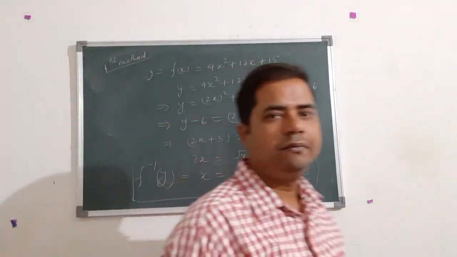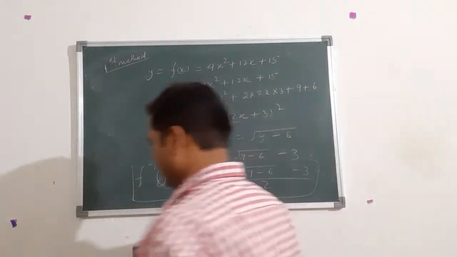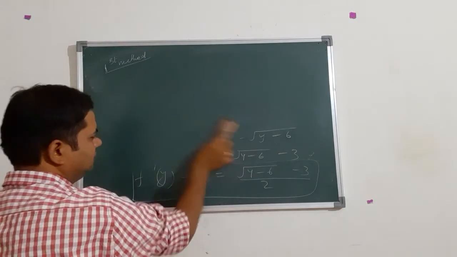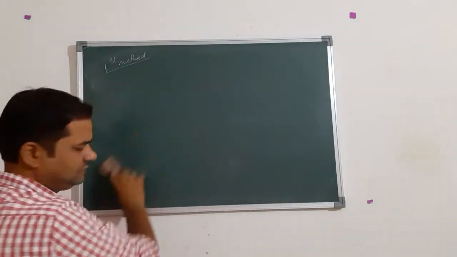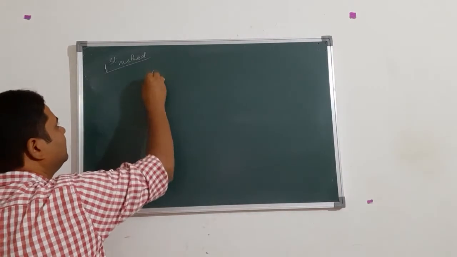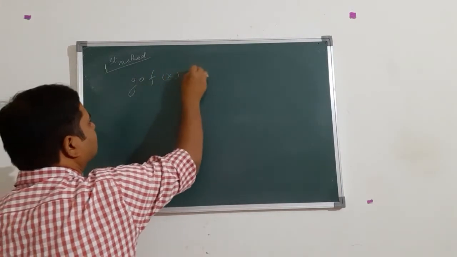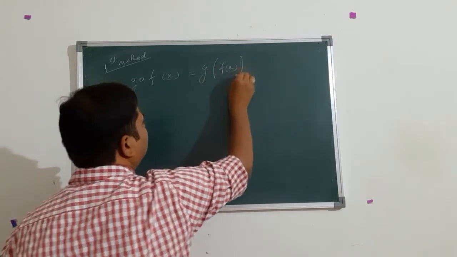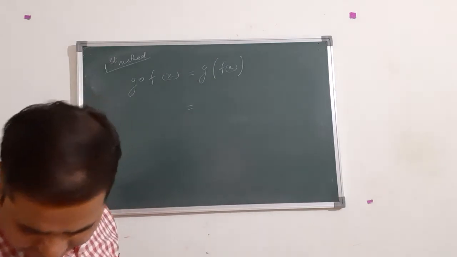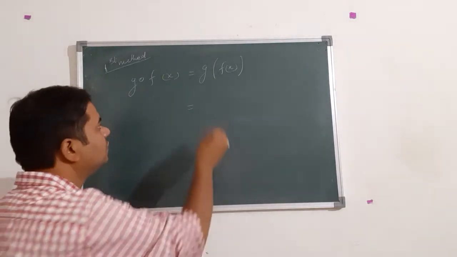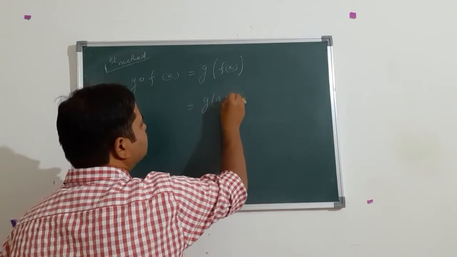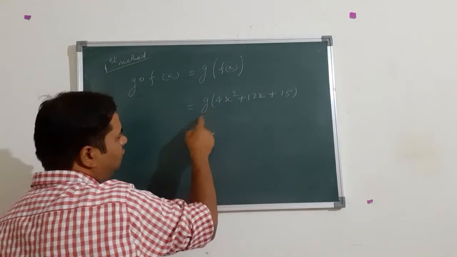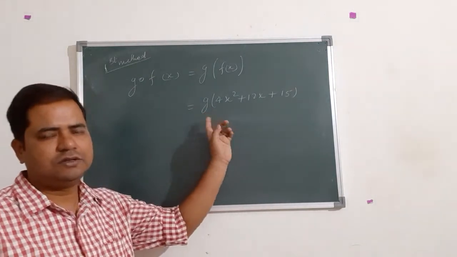Okay, you may complete it. Now see, we find the composition f∘g(x), which is f(g(x)). What is g? g is the inverse.